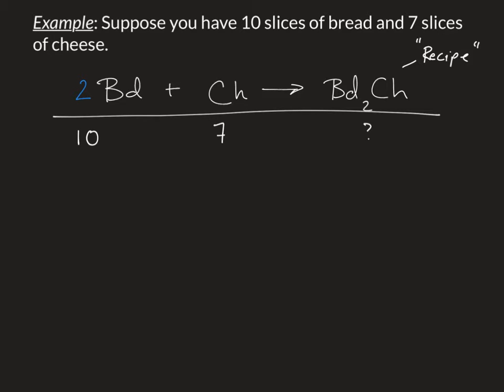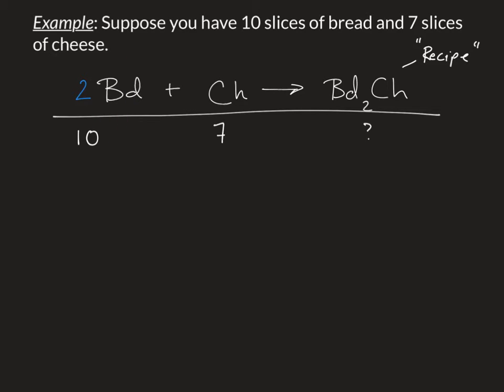Okay, so in this case, we have 10 slices of bread and 7 slices of cheese. All we're interested in now is how many sandwiches I can make given these 2 ingredients. So let's go ahead and write this out, starting with our bread here.